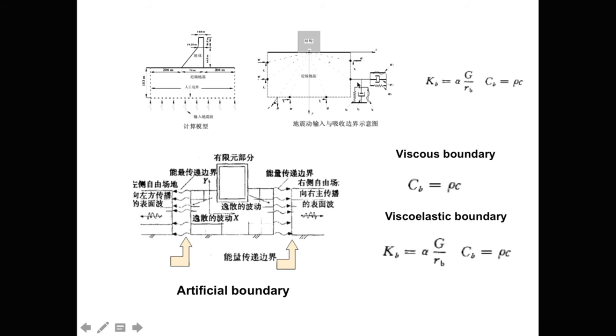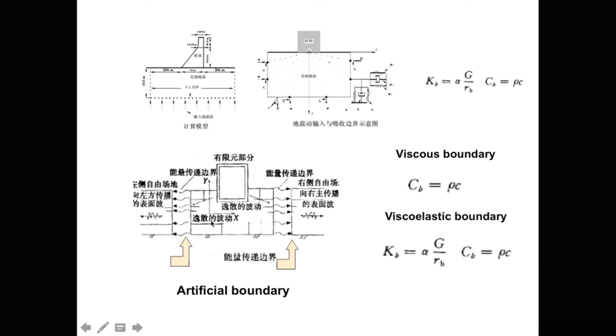We set the viscous or viscoelastic boundary at the node in the boundary. And this can let the energy dissipate. Here, the stiffness, we use the same equation, alpha times G over R, and viscous coefficient C equal to rho times C.